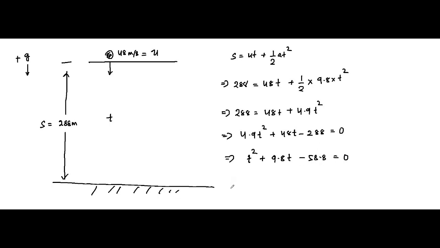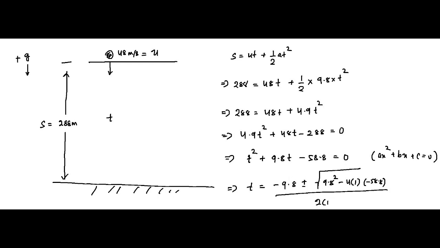This is in the form of a quadratic equation. So in order to determine t, we'll be using t is equal to minus b plus minus square root of b square minus 4ac, by 2a, for the form ax square plus bx plus c equals to 0, with 2a being 2 into 1.